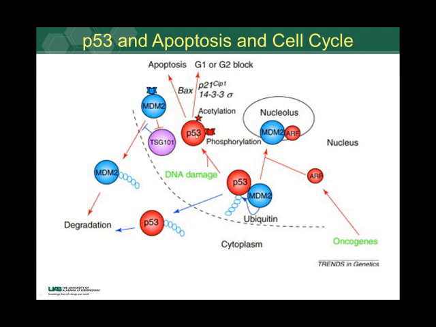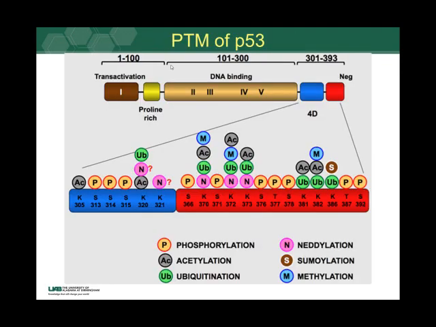This complex doesn't exist, and P53 then can stimulate the inhibitors of cyclin-dependent kinases, which will arrest the cell cycle, and then it can also stimulate a pro-apoptotic protein, such as BAX, to cause apoptosis. So, this is how P53 acts to regulate the cell cycle.